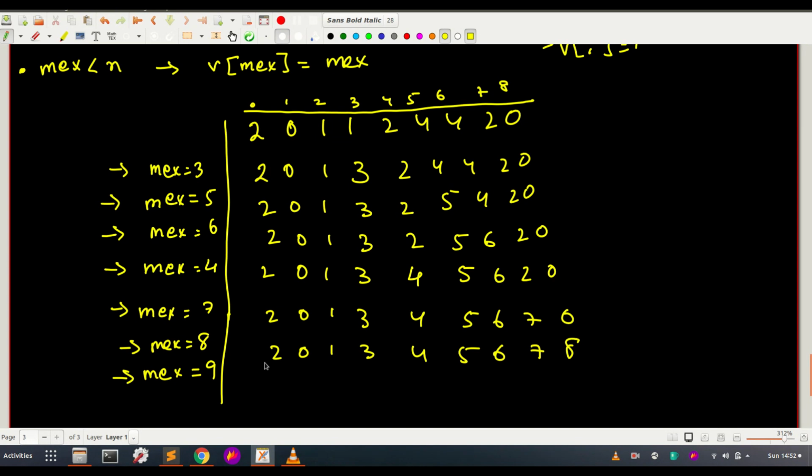However, 2, 0 and 1 are not in their correct positions. So I'm going to find which element is not in the correct position, and I'm going to replace it with this. The first element I got over here is 2, so I'm going to just replace 2 with 9.